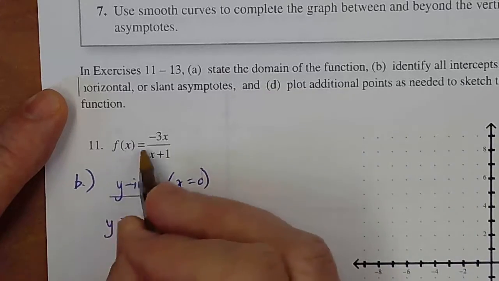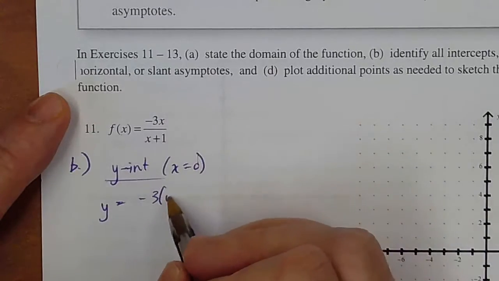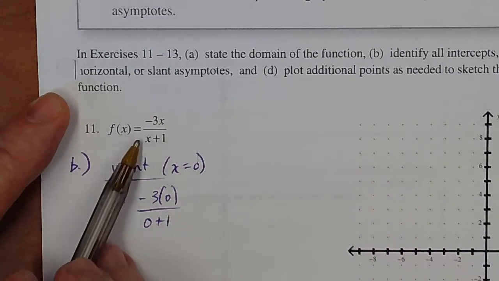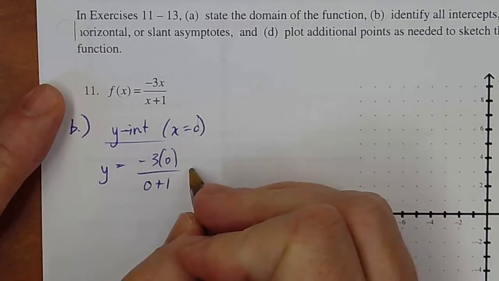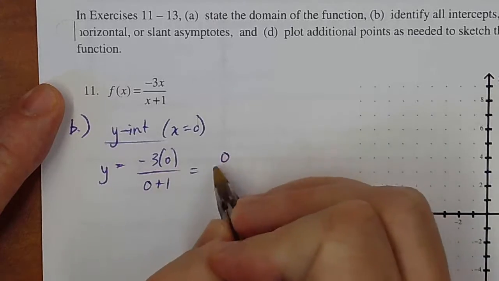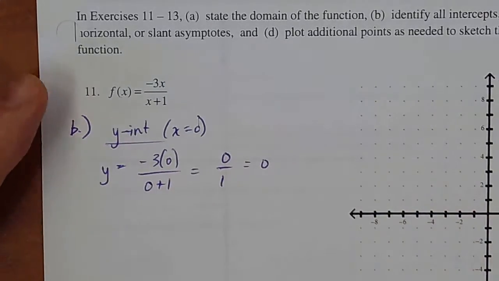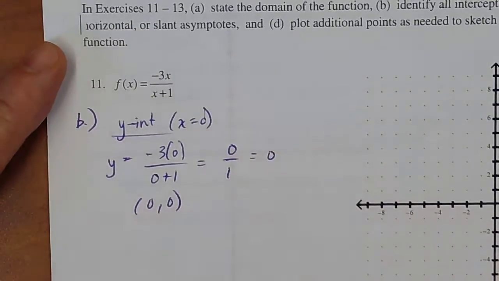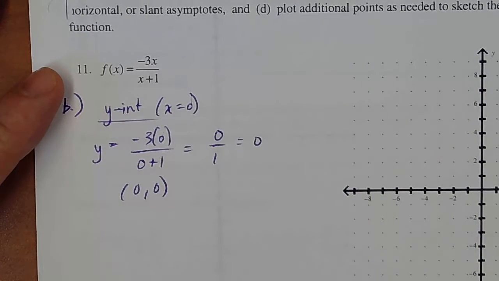I'm going to put y equals -3 times 0 all over 0 plus 1. And just evaluate it, and we'll have our y-intercept. So up top, we get 0. On the bottom, we get 1. 0 divided by 1 is 0. So what does that mean in a coordinate form? It means we have a y-intercept right there at the origin, 0, 0. Okay?